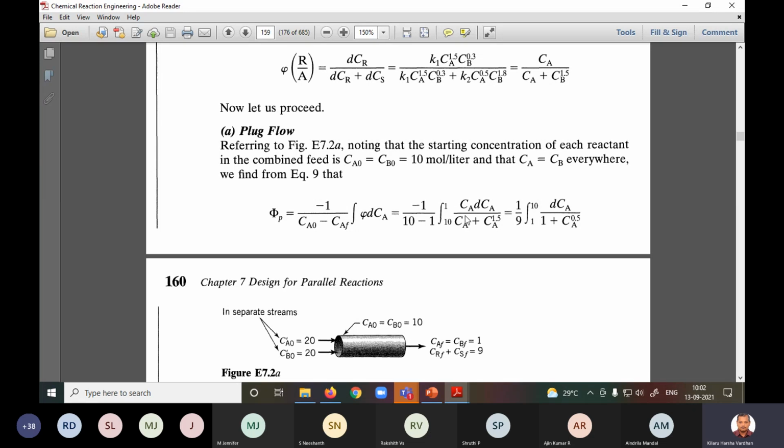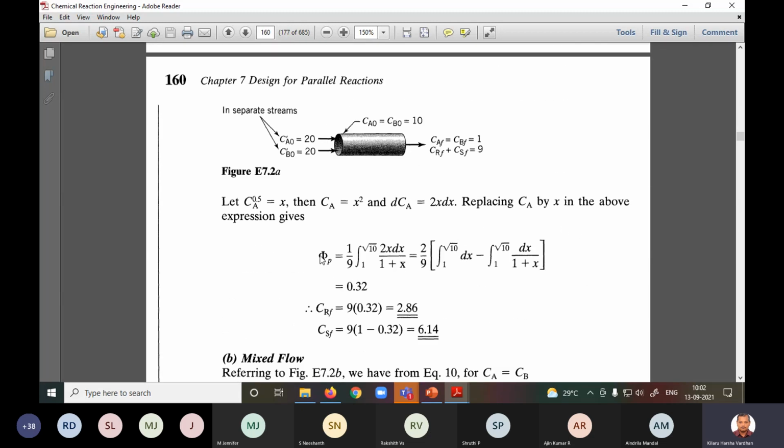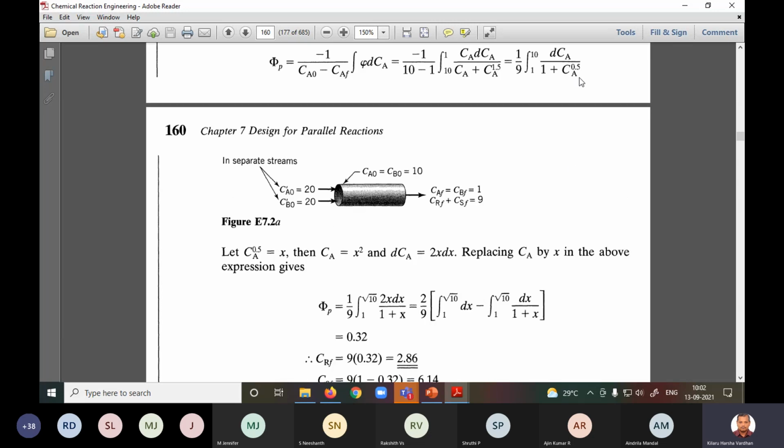So you take common Ca outside and 1 divided by 1 plus Ca power 0.5. So you need to calculate the integral for this. The differentiation of this is this. Therefore, this will become ln. That is what he is doing here. So let Ca power 0.5 be x, because this is 0.5. Therefore, Ca becomes x square, dCA becomes 2x dx.